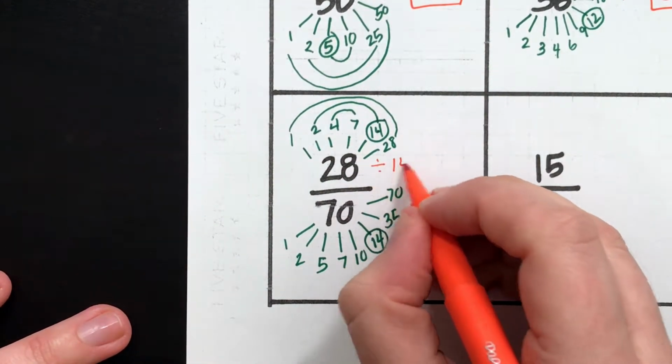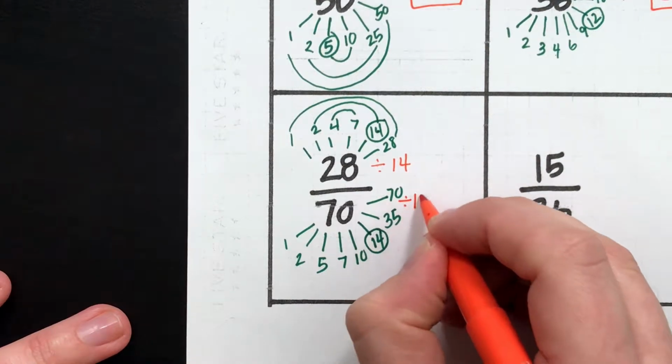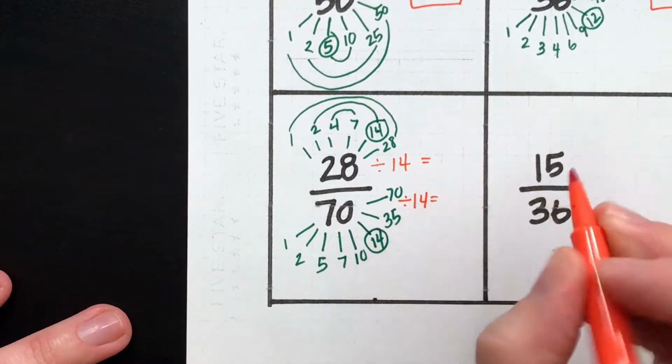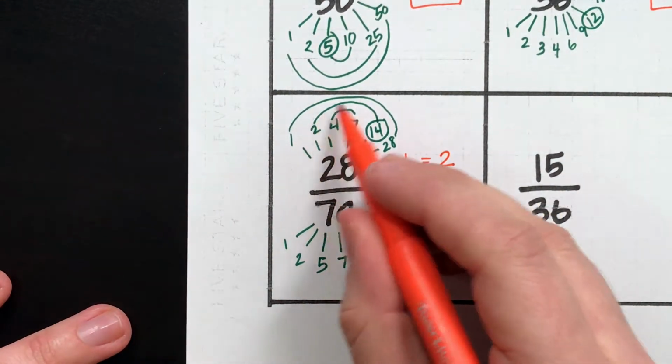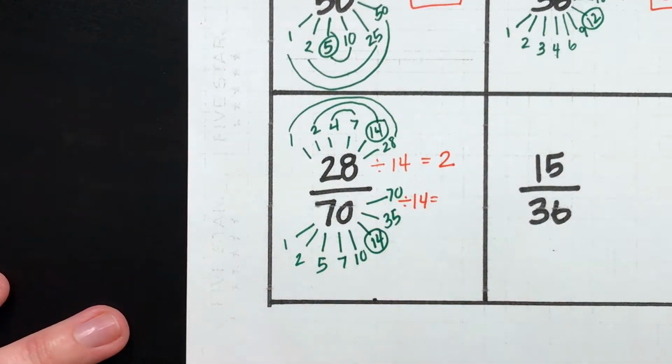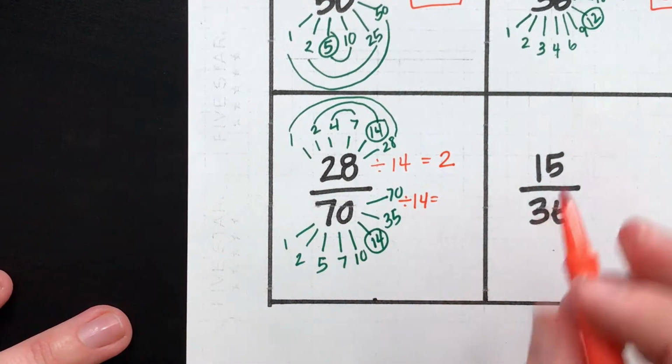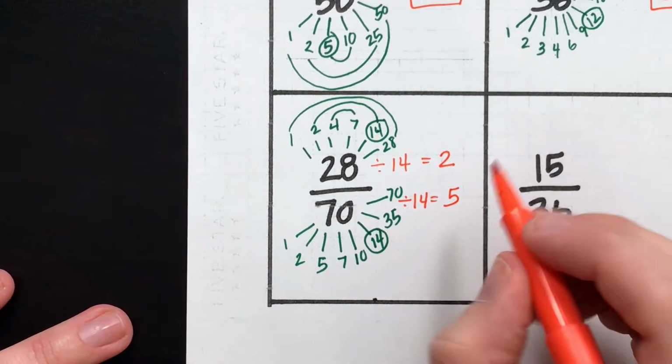We're going to divide both sides by that greatest common factor. 28 divided by 14 is 2, because we can see here 2 times 14 gives me 28. And then 70 divided by 14 is 5.